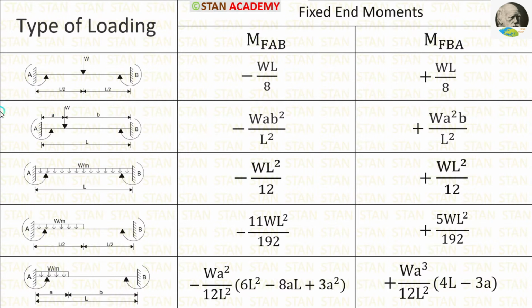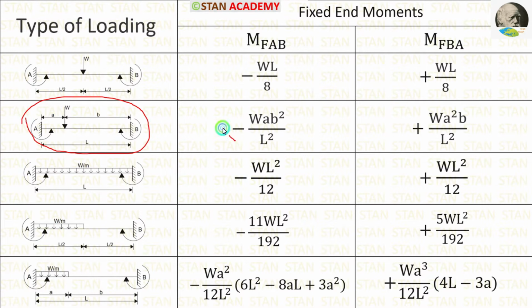In the span AB, there is a point load acting on the center. So we have to select this condition. The formulas are minus WL upon 8 and positive WL upon 8. In the span BC, there is a point load. That point load is not acting on the center. So we have to select this condition.